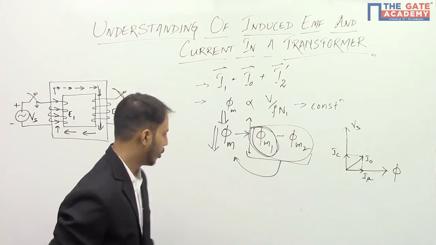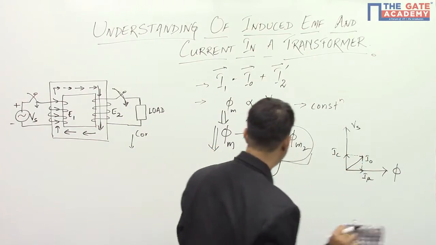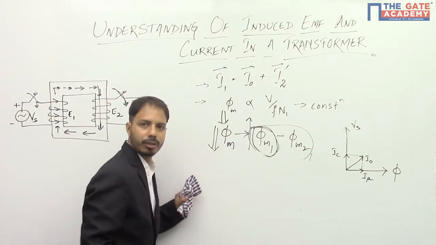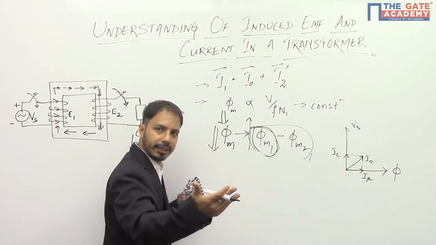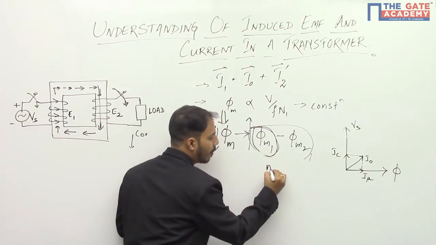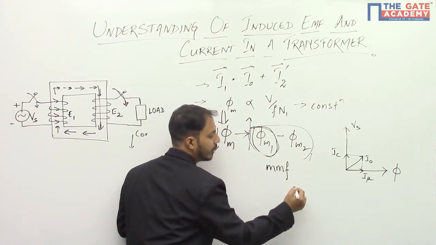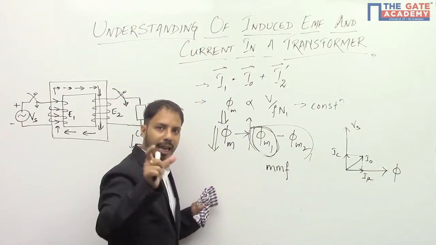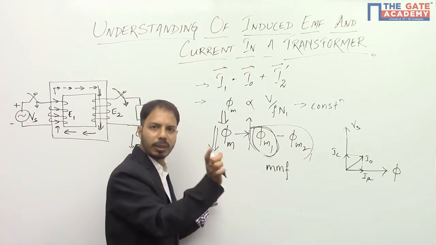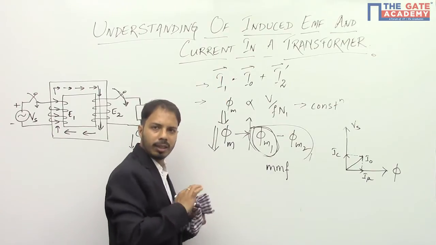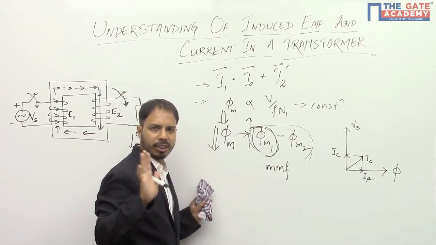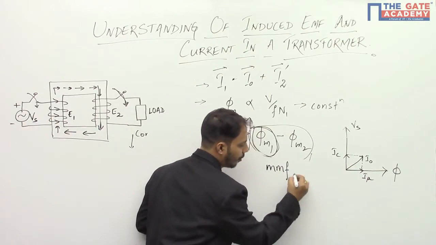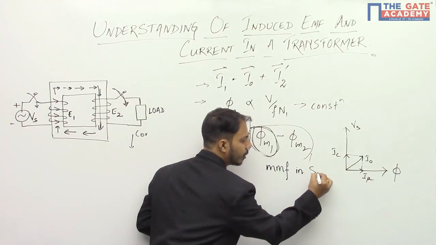Are you getting my point? So, what is the MMF that is created in the secondary? I know that flux is proportional to MMF. So if the MMF of the secondary is balanced by the MMF increment in primary, then my flux is constant, everybody is happy.